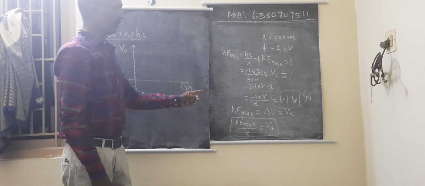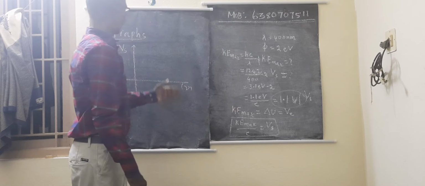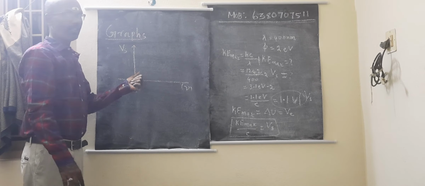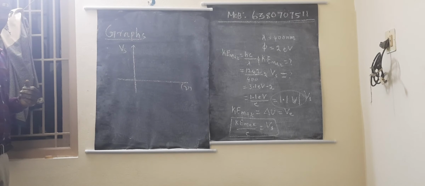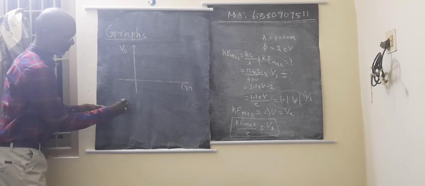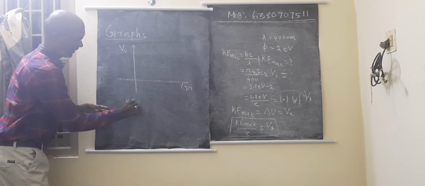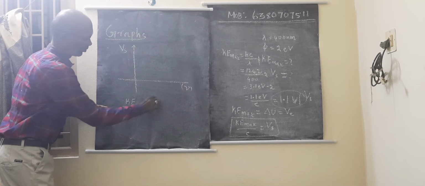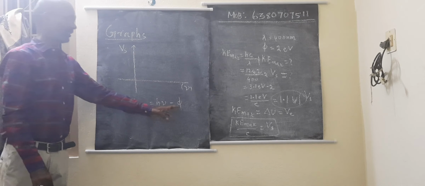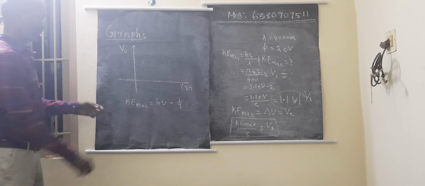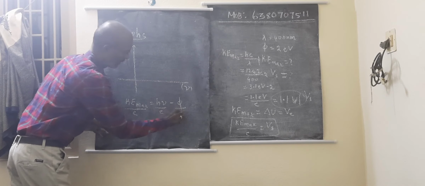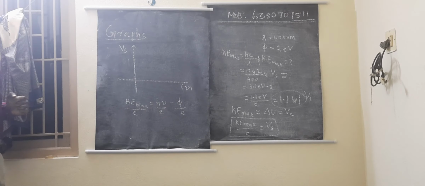So we can derive the relation in this graph. Let us draw the graph. We know that kinetic energy maximum is equal to h nu minus phi. This phi is our work function. Suppose we divide all the terms by the charge of the electron.